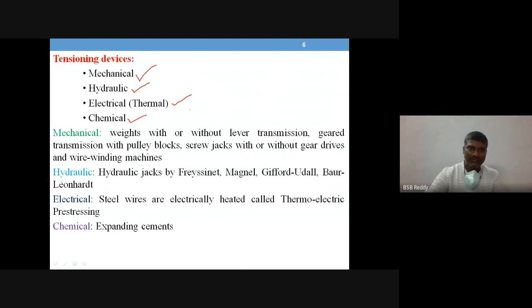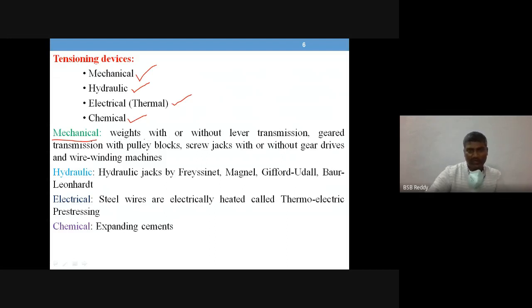So these are the devices which will be used for tensioning. What are all the mechanical devices available for tensioning the steel?